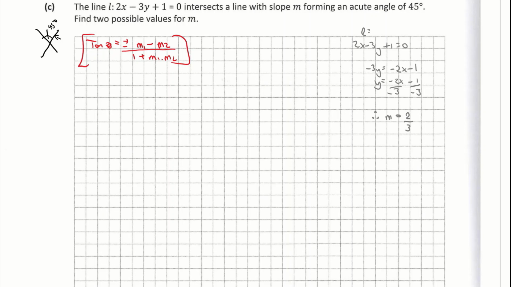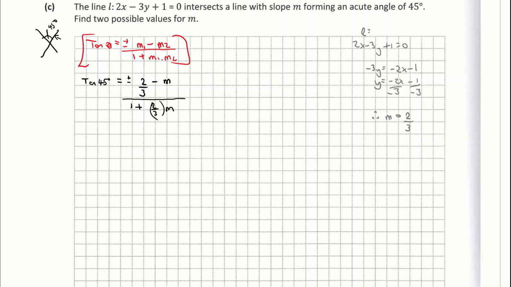I'm going to sub that into my formula. My theta is the size of the angle, and it's telling me that I have an acute angle of 45 degrees, so I'm subbing in 45 degrees for theta. My plus or minus, my first slope, I've just found to be 2 over 3, and I'm subtracting my second slope, which I'm just going to call m now. I'm dividing that by 1 plus 2 over 3 times m.